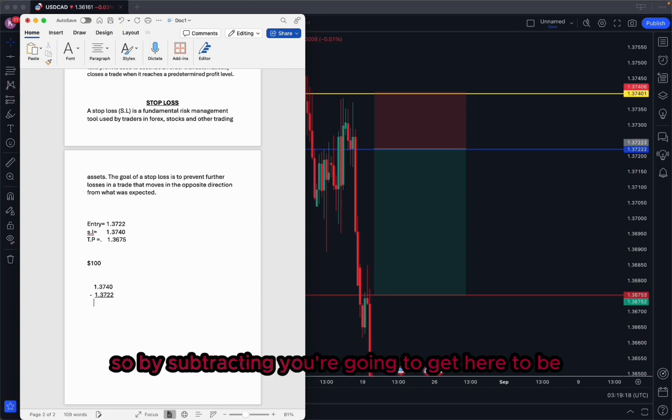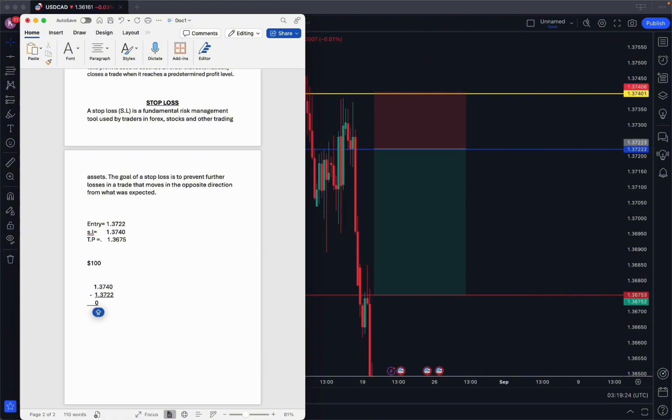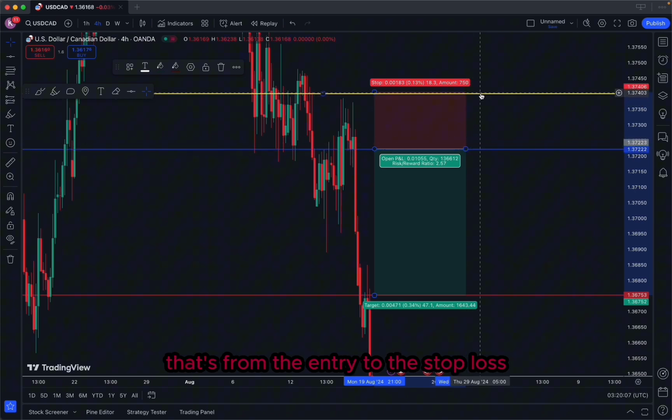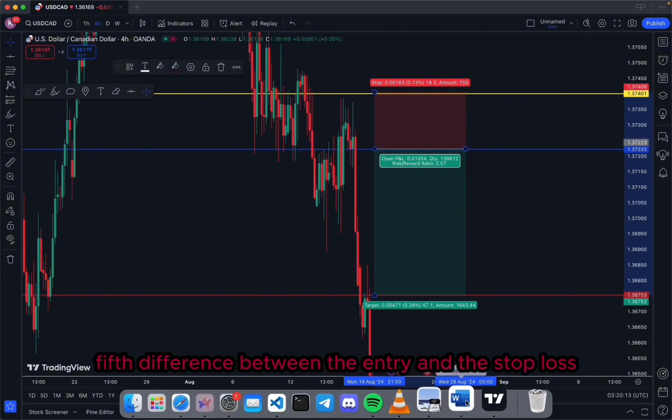By subtracting, you are going to get 0.0018, and with this, we know it to be 18 pips. So from this level right here to this level, that's from the entry to the stop loss, the pip difference is 18 pips.